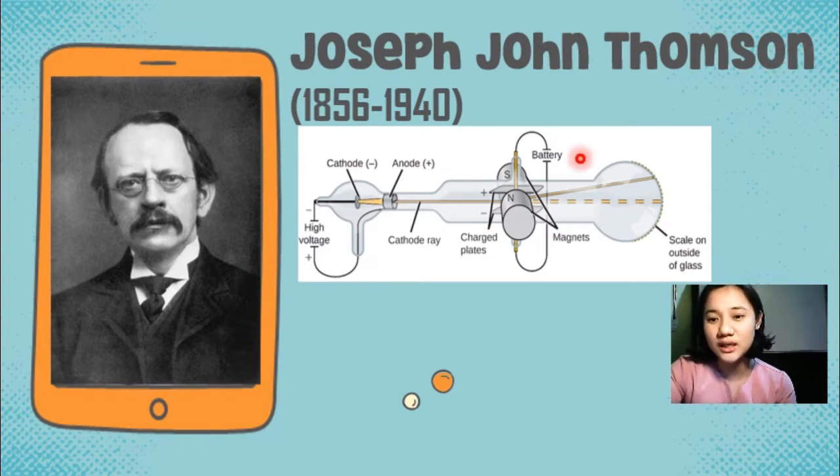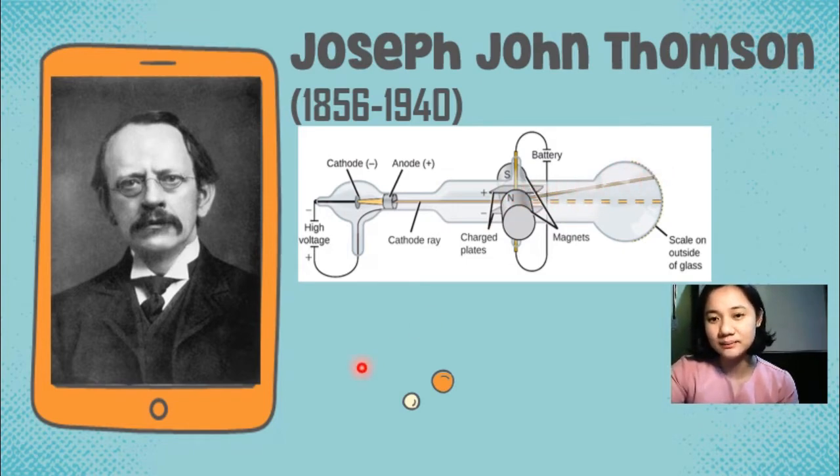So ganun yung nangyari dito sa experiment ni J.J. Thomson. Nag-deflect yung negatively charged particle sa isa pang negative. Okay? So, kasi pinag-join niya yung isang negative at isang negative. So, nagkaroon ng deflection or bending of light. At yung light ay dumikit or sumama sa positively charged particle.